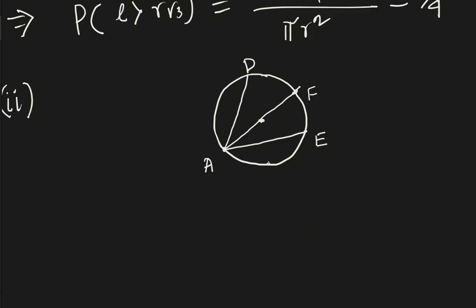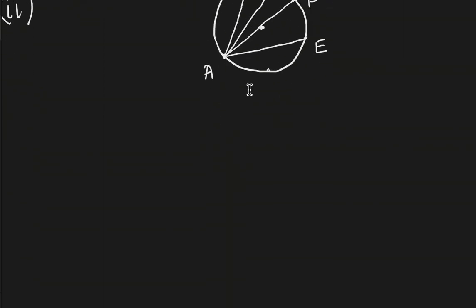Okay, now suppose that if I draw any chord, suppose this is AB. Now you see that the length of this AB chord is always larger than this AD.